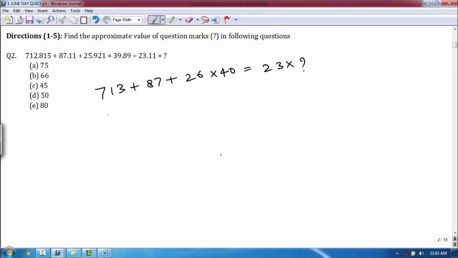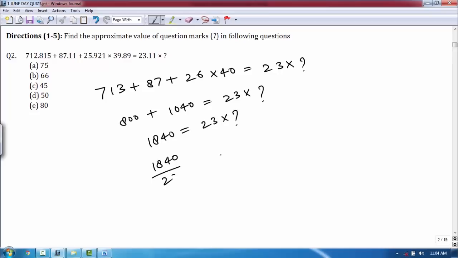By applying BODMAS, we get 800 plus 1040 is equal to 23 into question mark. So we get 1840 is equal to 23 into question mark. So by dividing 1840 by 23, we get the value of question mark. So the value of question mark is 80.